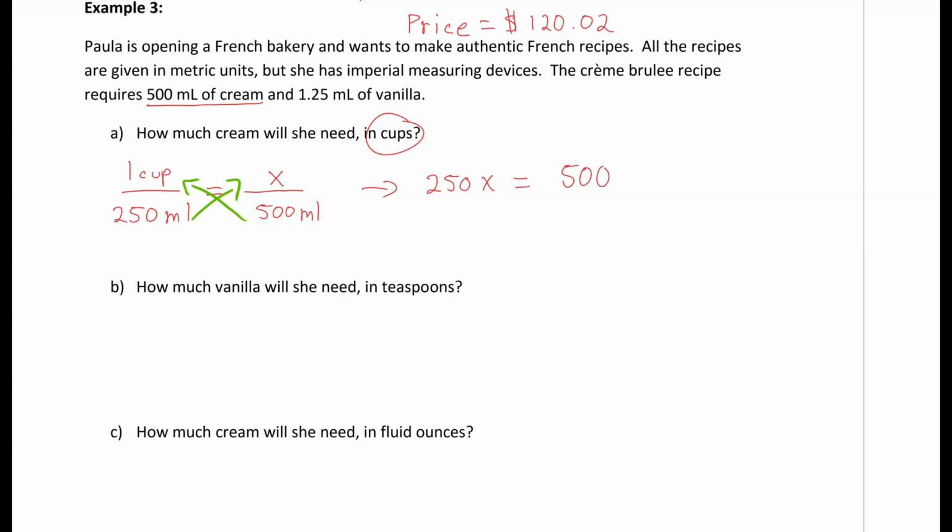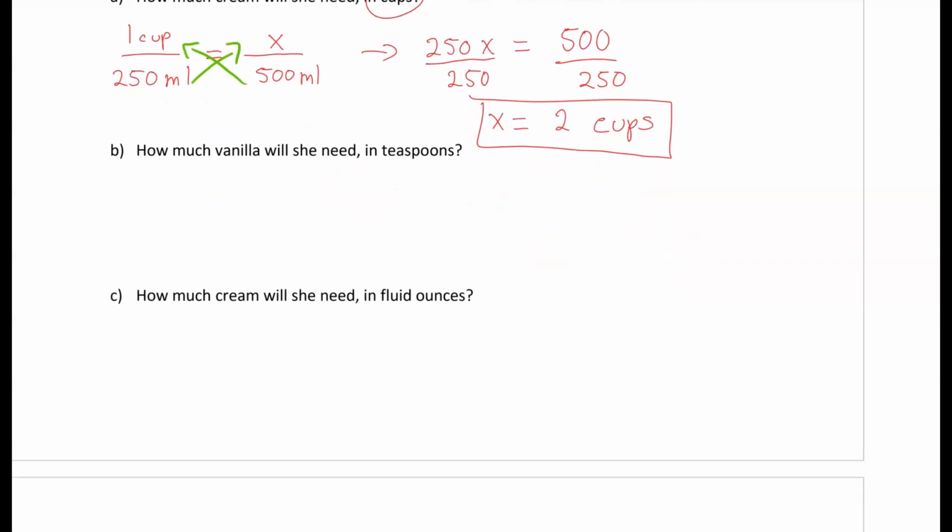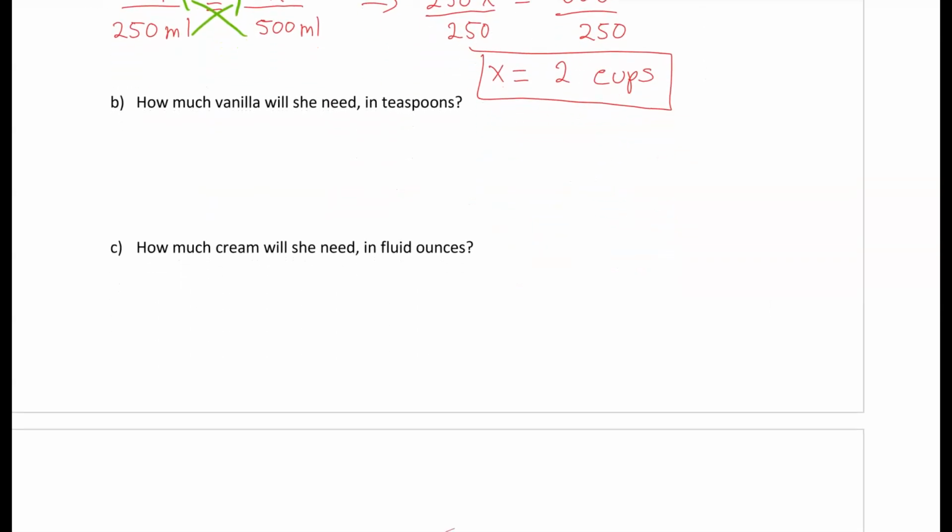In order to get x by itself, we have to divide by 250, and what we do to one side, we do to the other. So x equals 500 divided by 250, which is 2 cups. So our final answer is 2 cups for 500 milliliters.